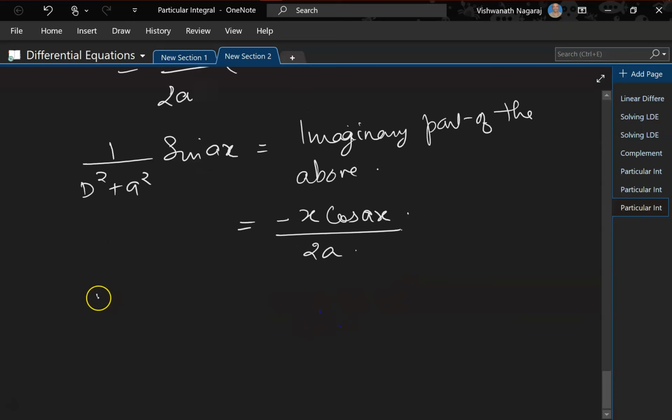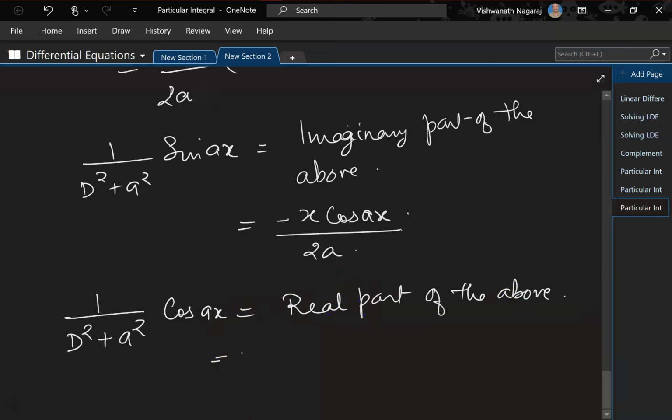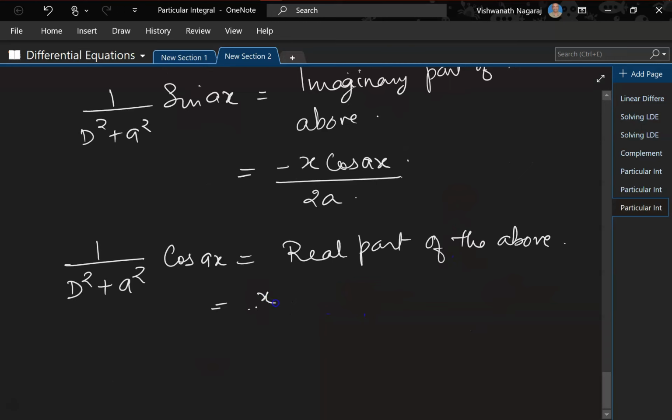Now if the statement was 1 by (D square plus a square) cos ax, in that case it would have been the real part of the above, which would be equal to x by 2a times sin ax.